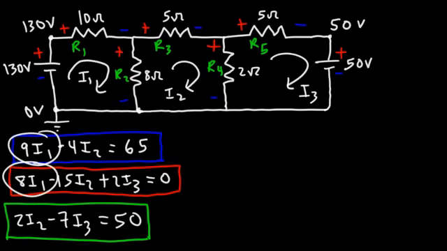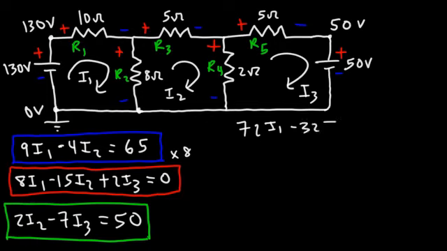That's going to give us an equation with I2 and I3, and then we'll combine that with equation 3. So we're going to multiply this equation by 8. So 9 times 8, that's 72. 4 times 8 is 32. And then 65 times 8, that's going to be 520.